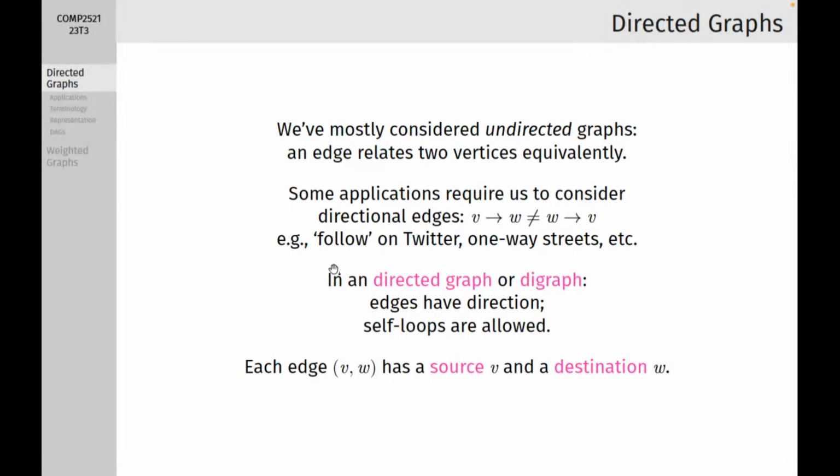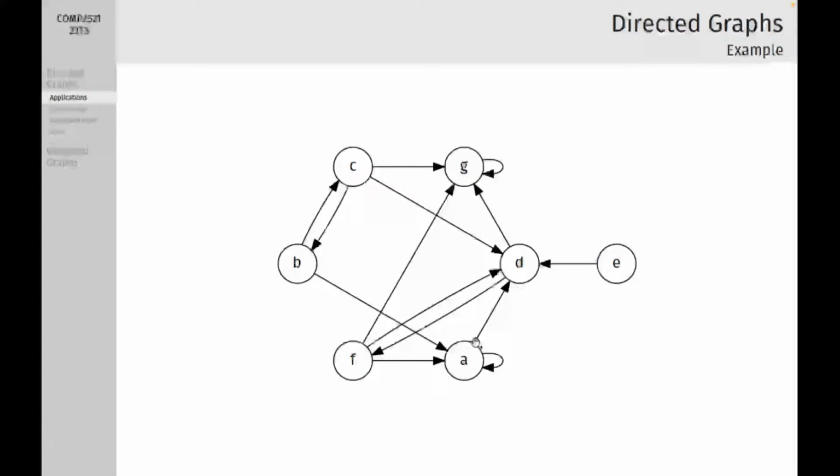In a directed graph, edges have direction, and self-loops are allowed, so a vertex can have an edge to itself. Each edge has a source and a destination. Here's an example of a directed graph. You see that some vertices have self-loops, and some pairs of vertices have edges to each other, but for some pairs of vertices, there's only an edge in one direction.